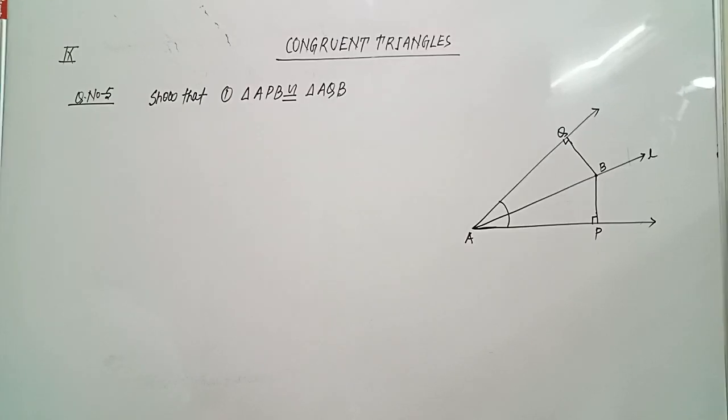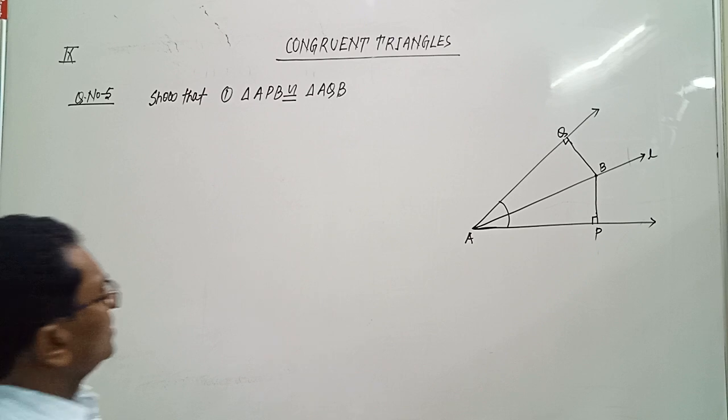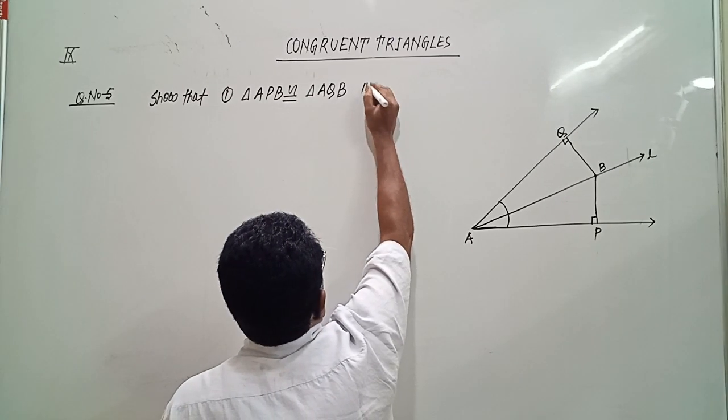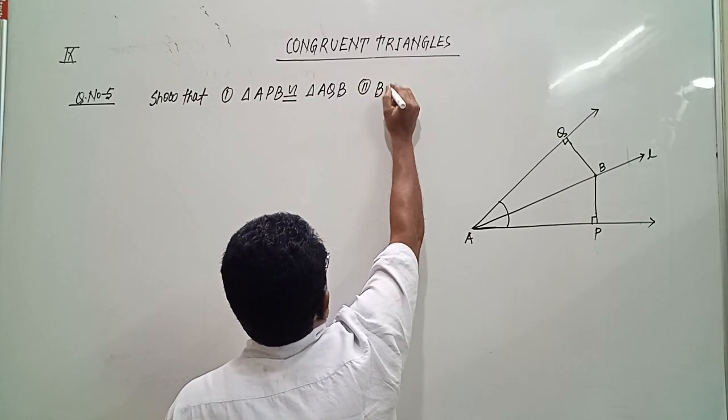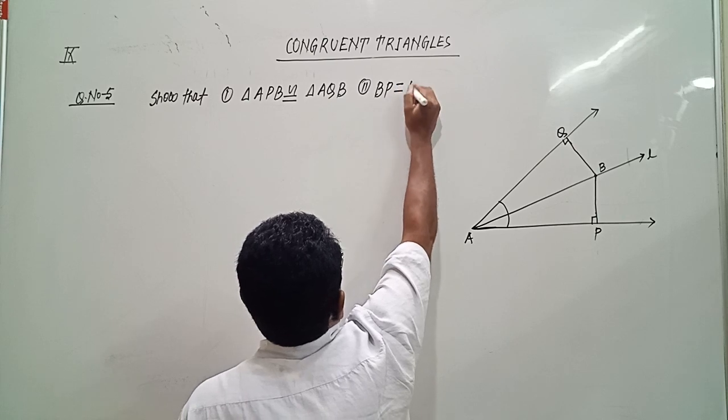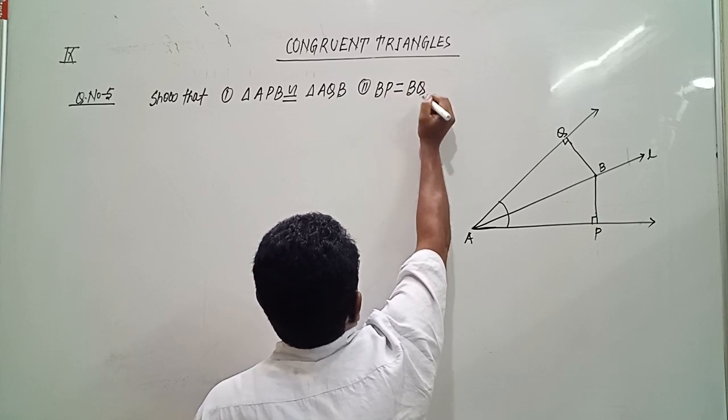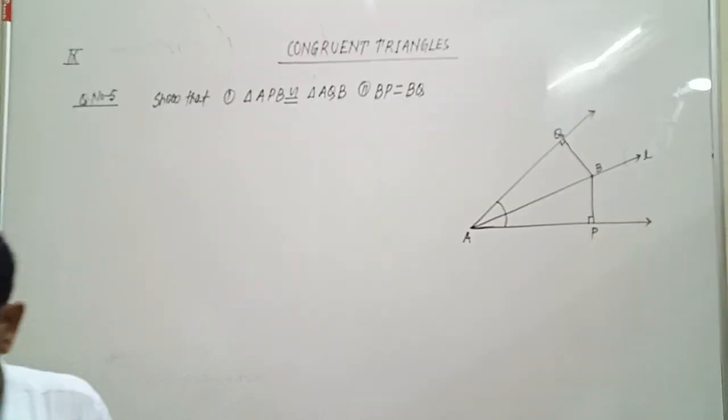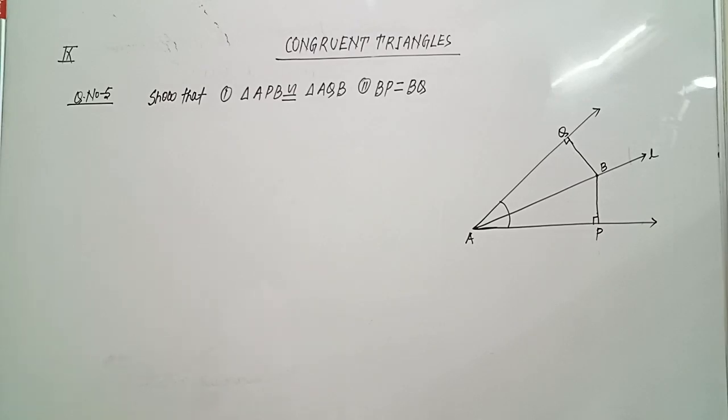And the second part, BP equals BQ. In the second part, we have to prove that side BP is equal to side BQ, and the two triangles APB and AQB are congruent.